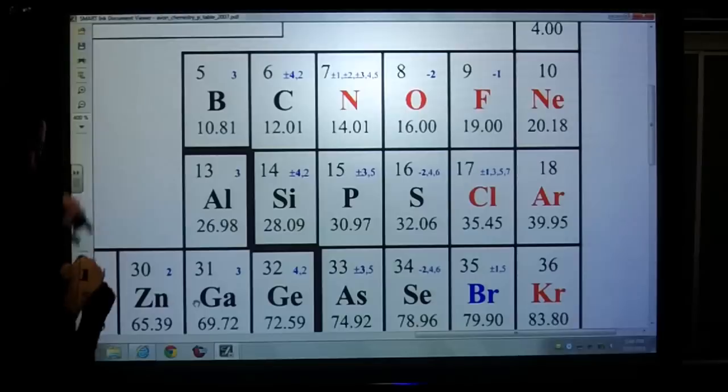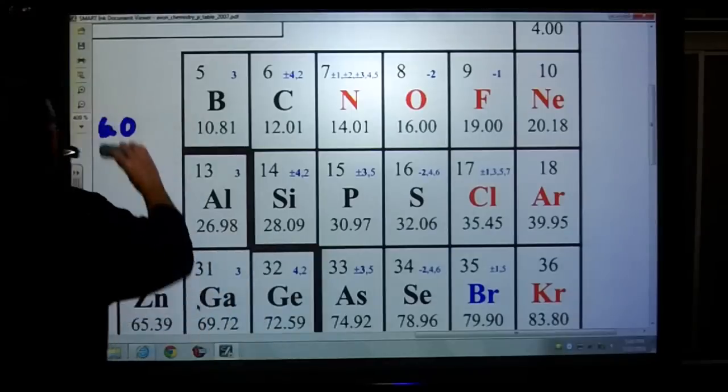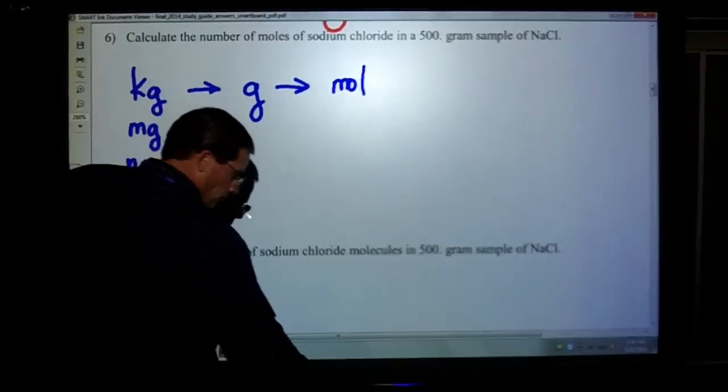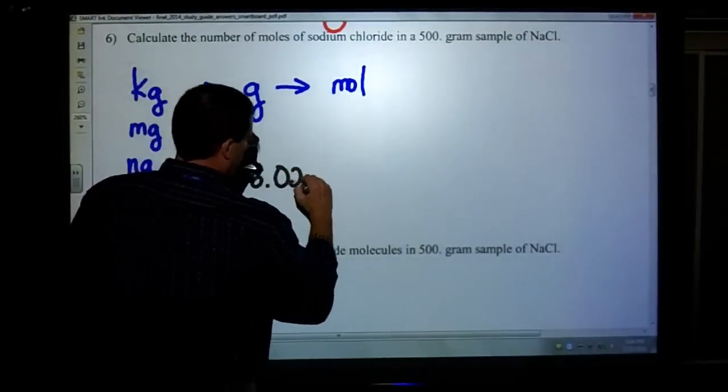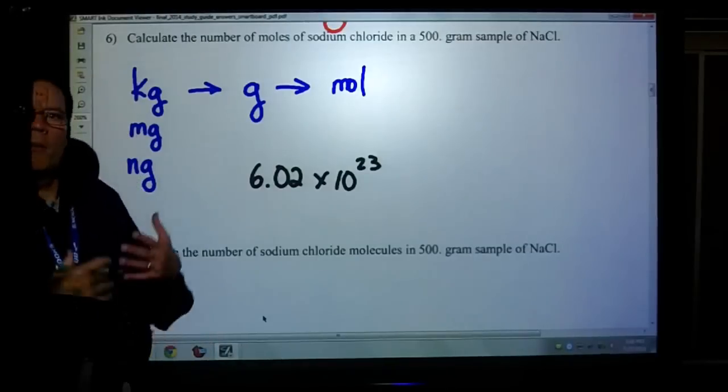And all of these things actually have 6.02, well, that's a big fat number, 6.02 times 10 to the 23 particles for every mole.